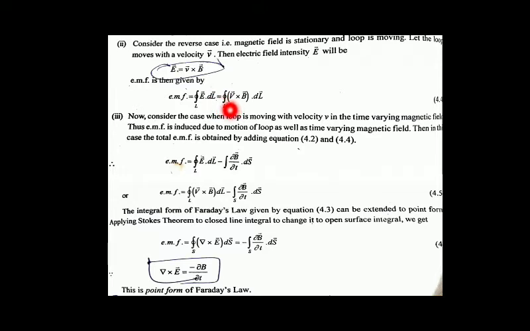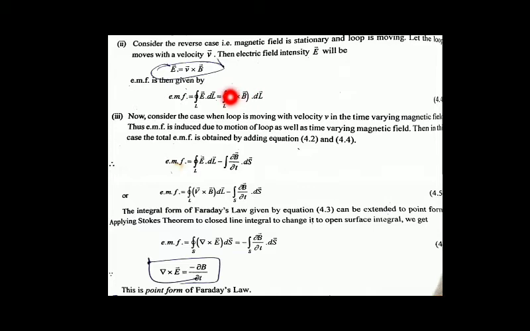Okay, so we put in the value of E here: the line integration of v cross B dot dl. This equation also represents the electromotive force when the magnetic field is constant and the loop is moving with velocity v.